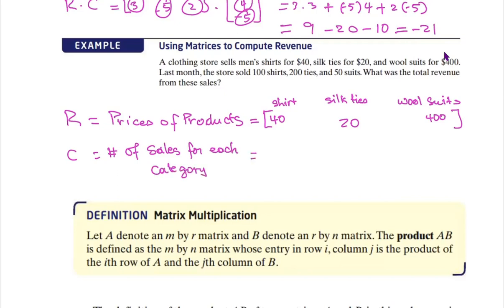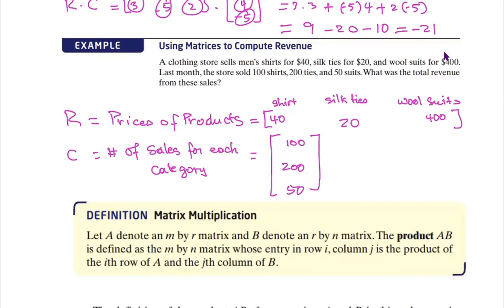So that is 100 for the shirt, 200 for the ties, and then 50 suits.